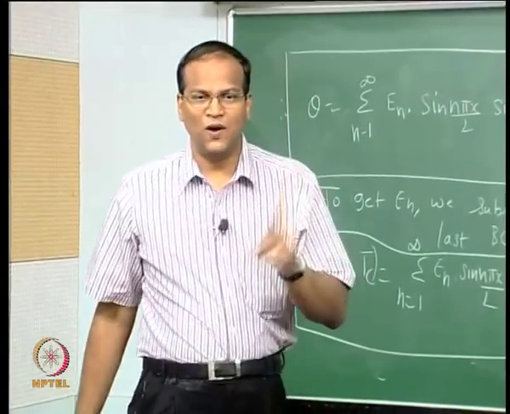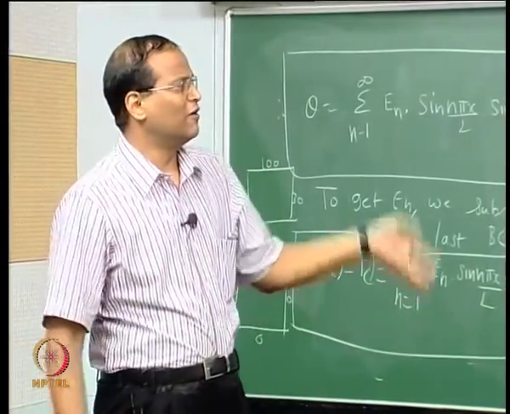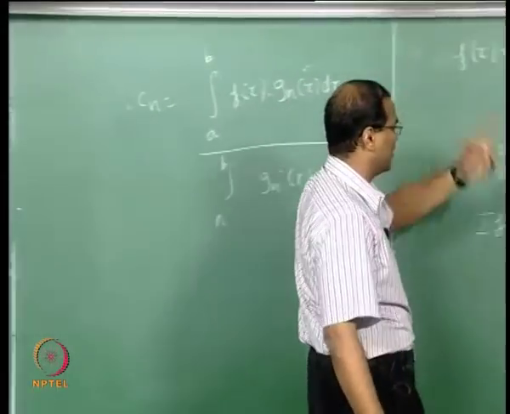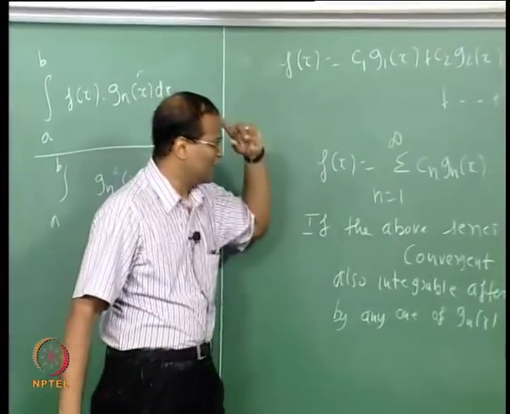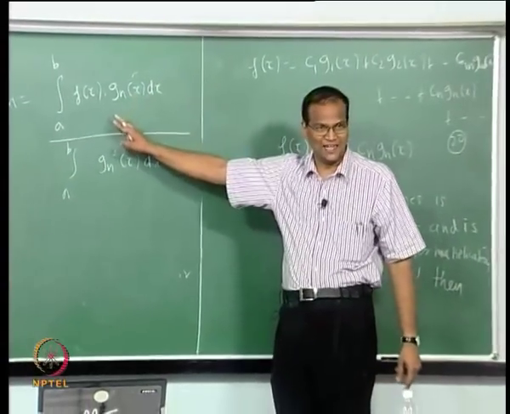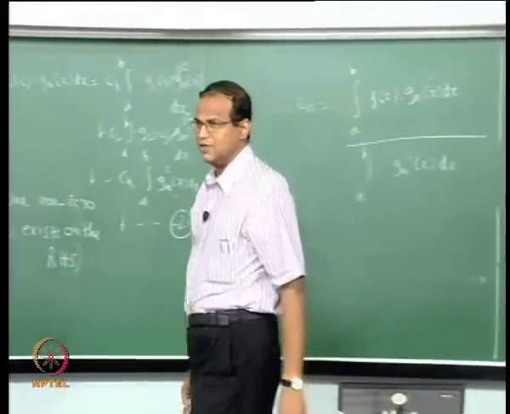You substitute n equal to 1, you get C1; n equal to 2, C2; n equal to 3, C3, C4, you get all the Cn's. Then if you fundamentally solve the problem of expressing any f of x as an infinite series, and now by exploiting the property of the orthogonal functions you are able to get Cn, that means you have essentially solved the problem of steady state conduction in a 2-dimensional slab.